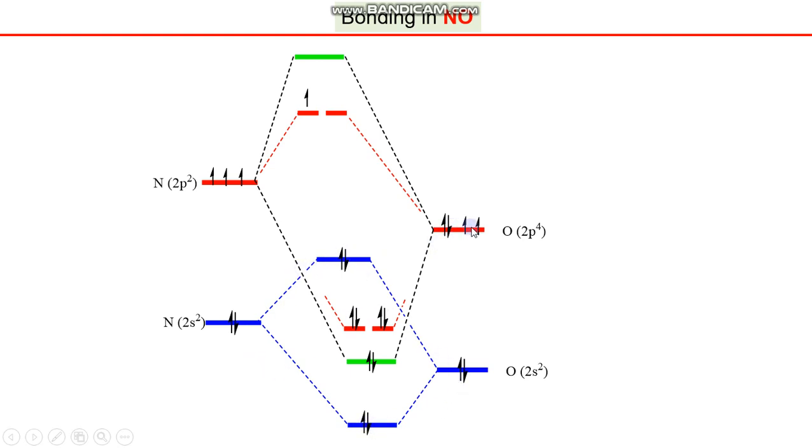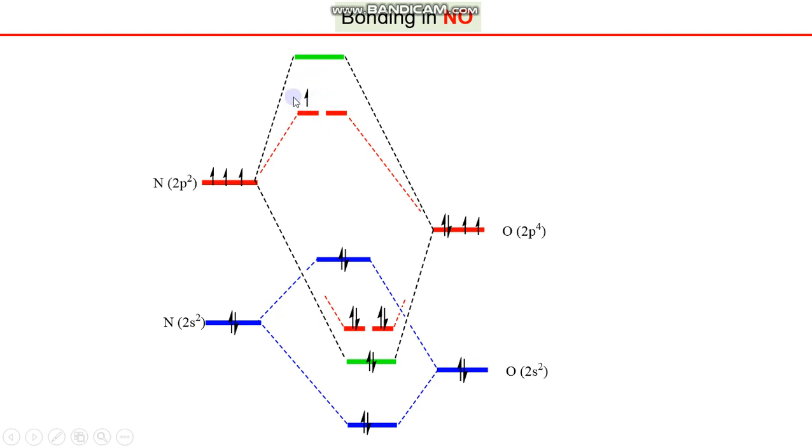Now in the case of p, there are 4 electrons with oxygen and 3 electrons with nitrogen, so the total number of electrons is 7. We have to place 6 electrons in these 3 bonding molecular orbitals. Among them, one is a sigma bond and two are pi bonds, and the one electron which is remaining definitely goes to the only orbital available for it, the pi star orbital.